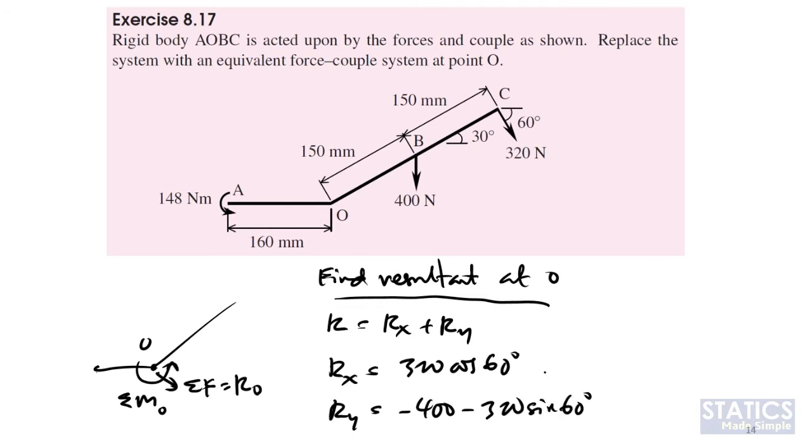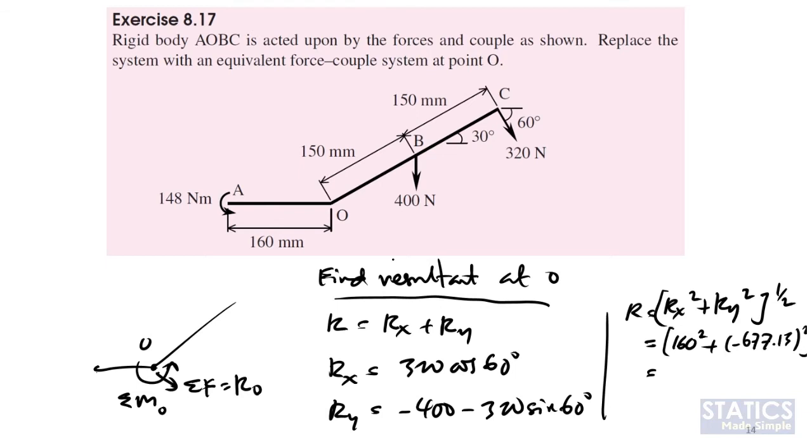Our R equals the square root of Rx squared plus Ry squared. I'm getting the magnitude of R equal to 695.78 Newton.